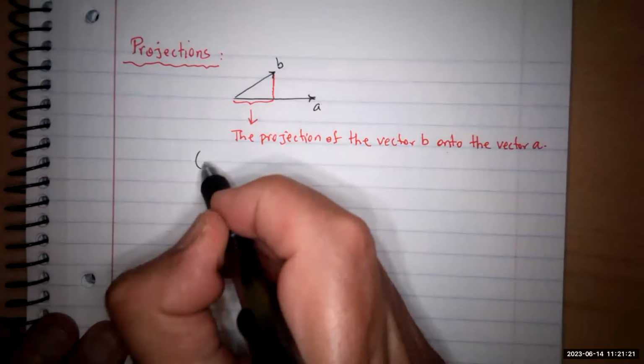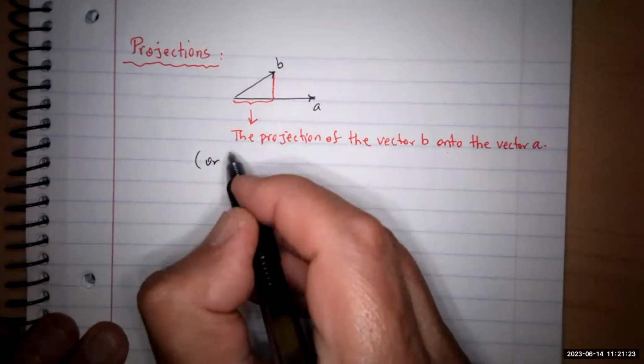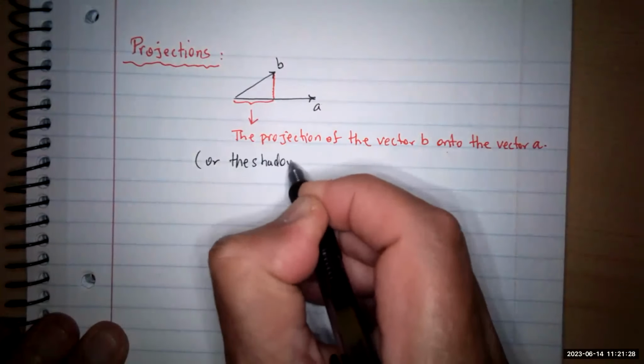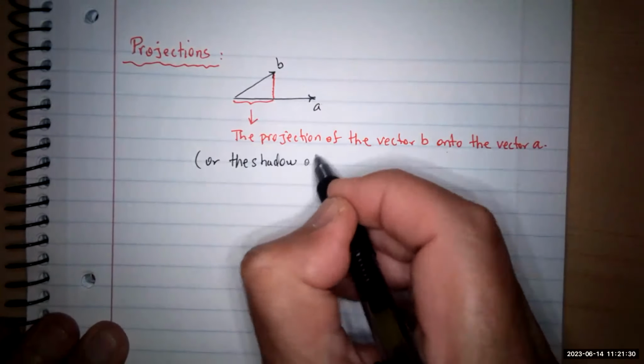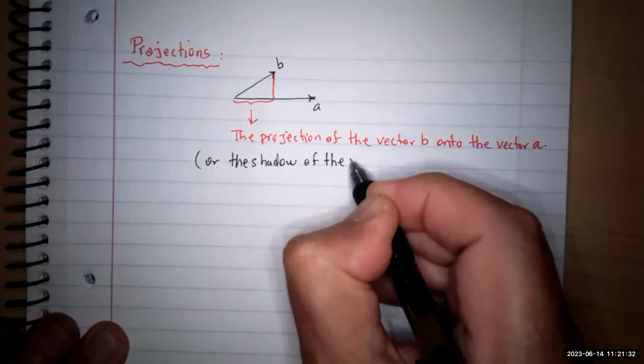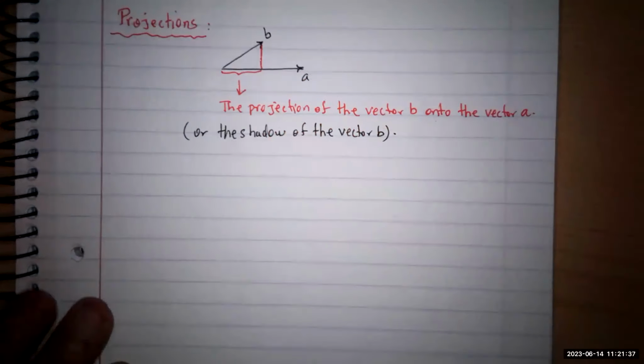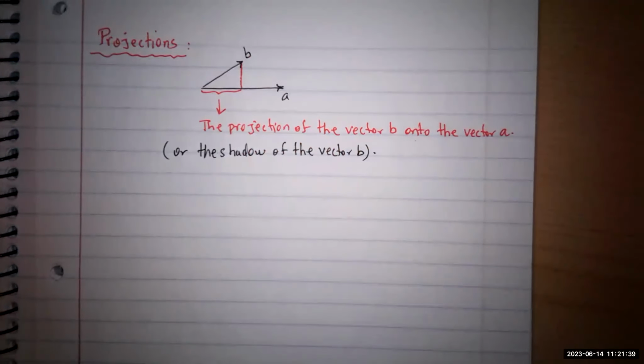The other name for it, you can think about it, is the shadow of the vector B. We take B and we find the image or projection of B over A. I call it a shadow to get this idea.